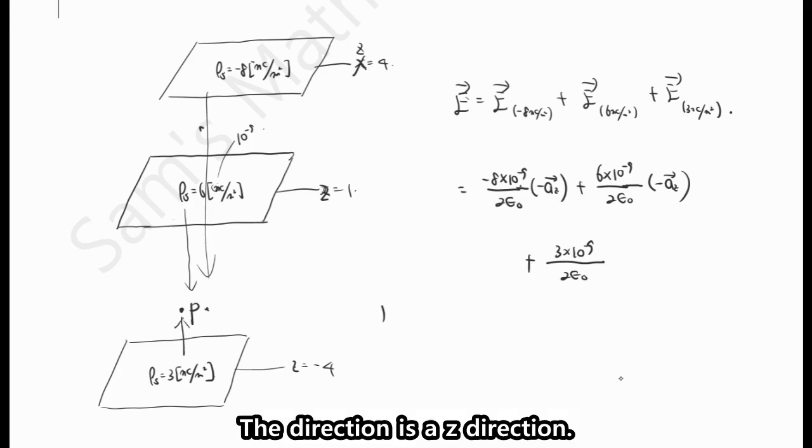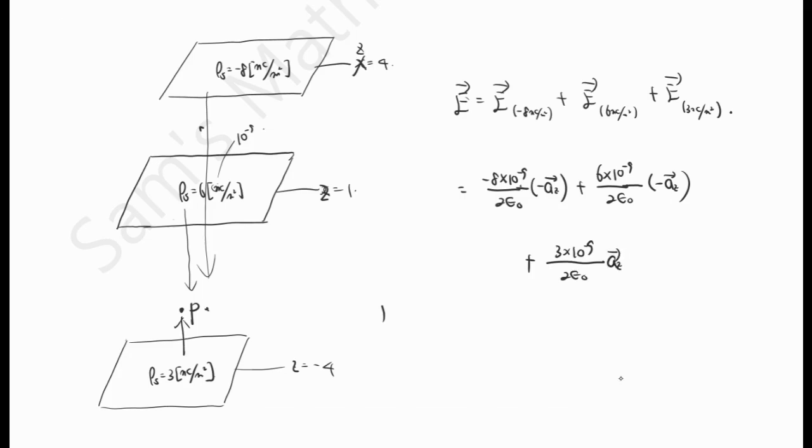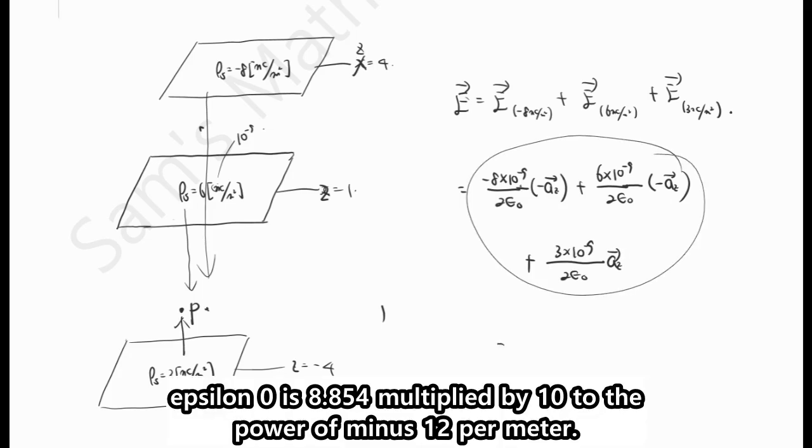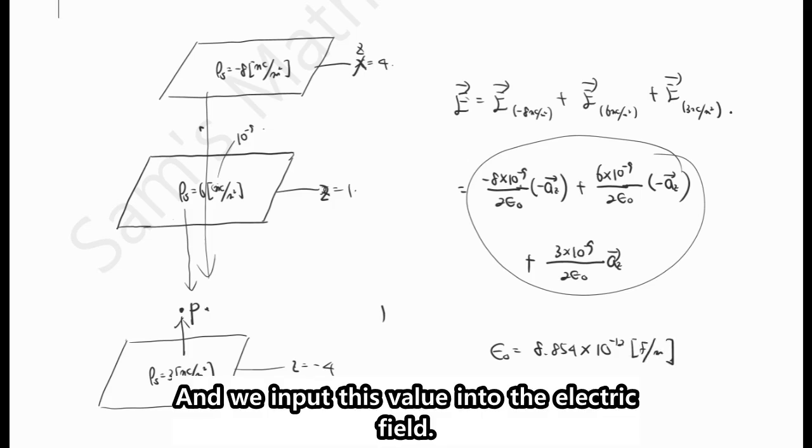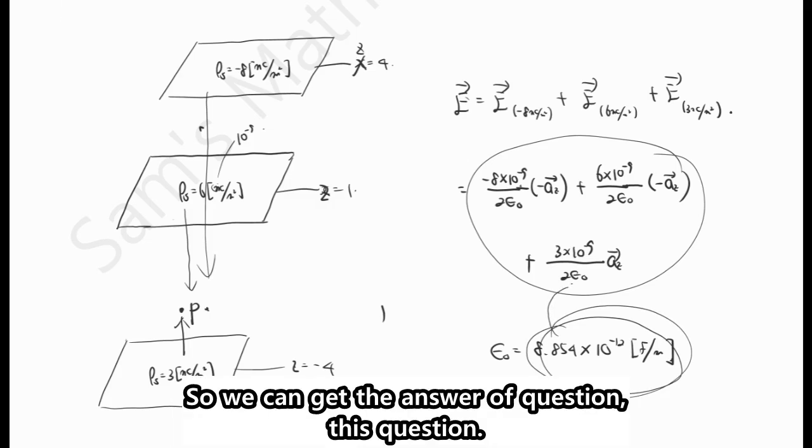The direction is az direction. This is the answer of the question. Epsilon 0 is 8.854 multiply 10 to the power of minus 12 farad per meter. We input this value into the electric field, so we can get the answer of this question.